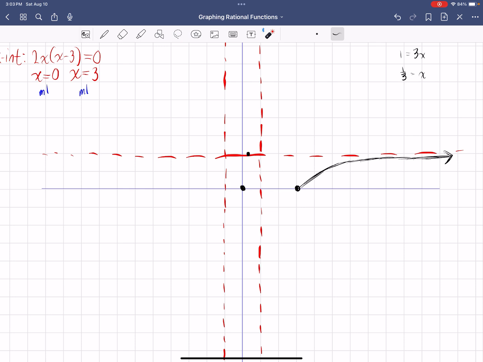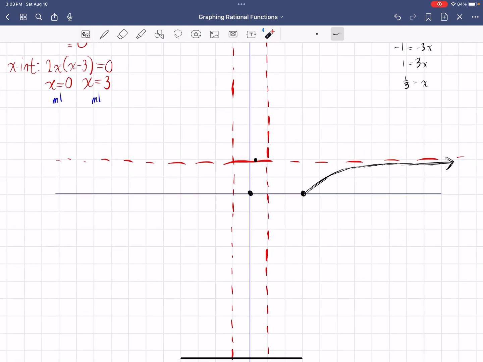We know that we can't go back up because we can't cross this horizontal asymptote. And also, if we look at the x-intercept's multiplicity, x equals 3 had a multiplicity of 1. That means the graph goes through. Can we swing back up here? Nope, we'd be making new x-intercepts, which we cannot do. So we're just going to head down there.